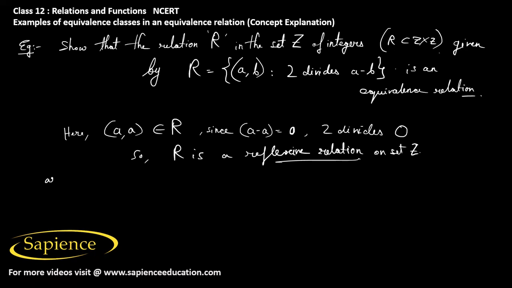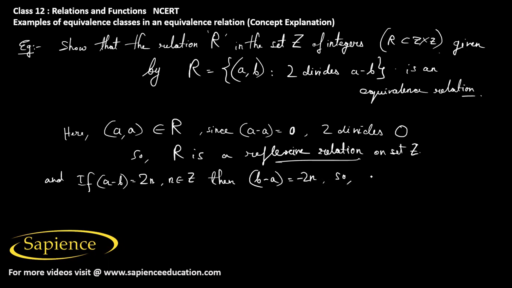And also, if a minus b equals some 2n, suppose, where n belongs to Z, then b minus a will be equal to minus 2n.